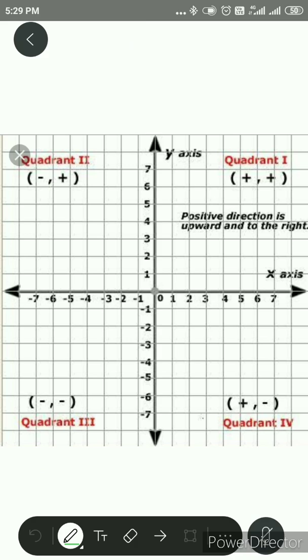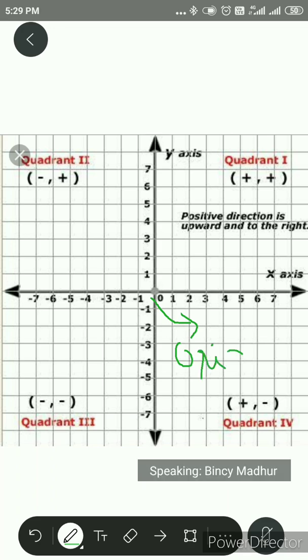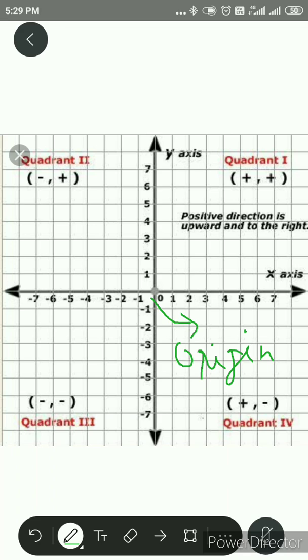Let us have a quick recall of the things. We keep two number lines perpendicular to each other. The point of intersection is known as origin. As we move to the right hand side of origin, the value of x is always positive.